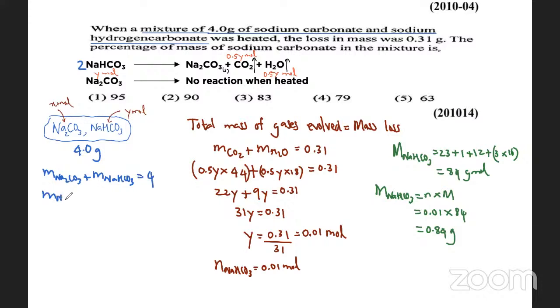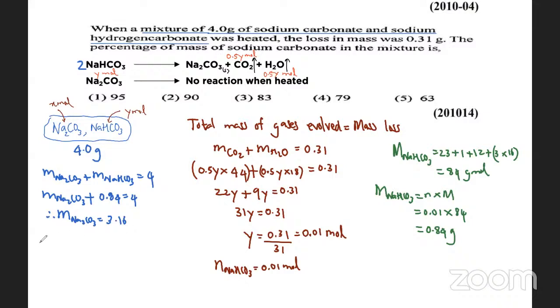Mass of sodium carbonate is what we need, plus mass of sodium bicarbonate, which is 0.84, is equal to 4. So mass of sodium carbonate is equal to 4 minus 0.84. So 4 minus 0.84 is 3.16, isn't it?